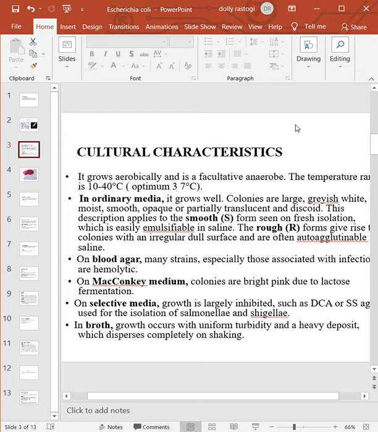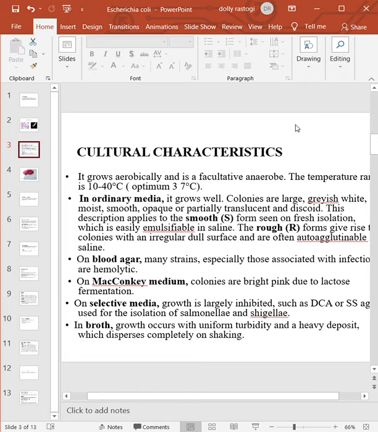This bacteria grows aerobically and it is a facultative anaerobe. The temperature ranges from 10 to 40 degrees centigrade, optimum being 37 degrees centigrade. On ordinary media, it grows well.